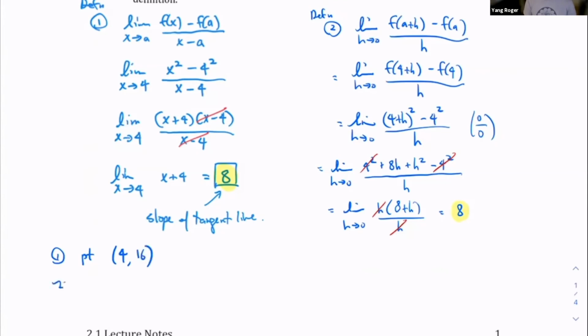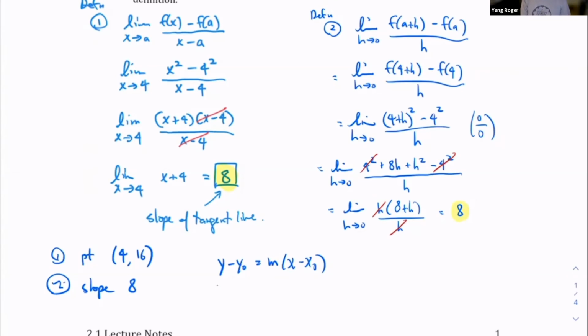So that's going to be our point. And the second thing we need is a slope. The slope is going to be 8. So now we could just use the point slope formula. y minus y0 is equal to m times x minus x0. I know some of you use the mx plus b formula and you plug in a point, you solve for b, that's fine. I do it this way.